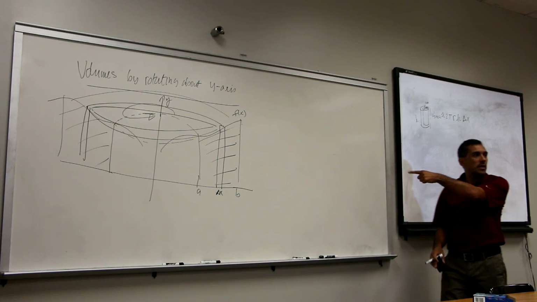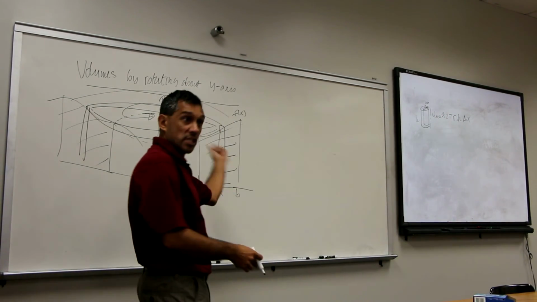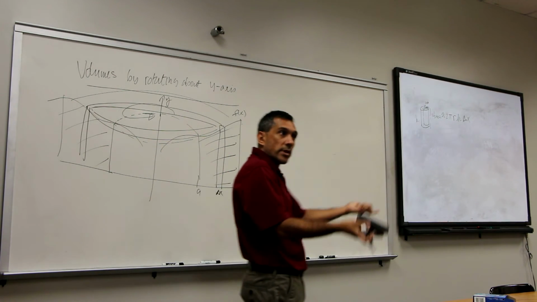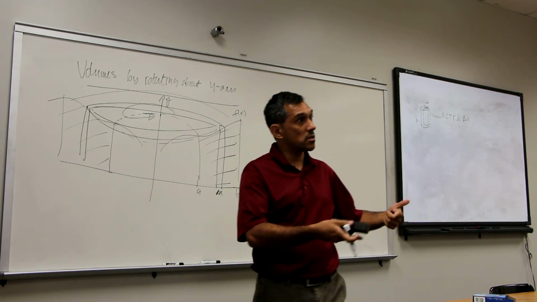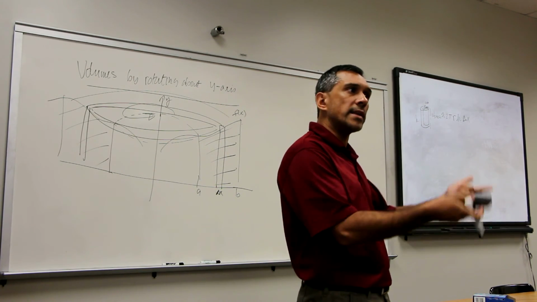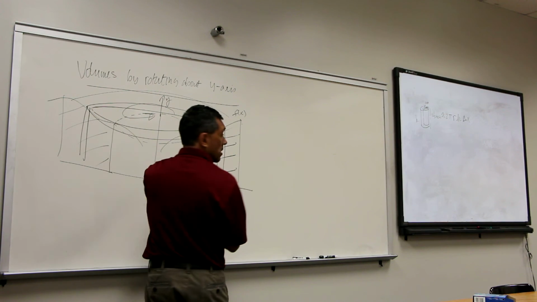So now we're going to come and look at this element here and see what's going on. You have a shell, you have a radius on the outer side, you have a radius on the inner side, and you have a height. So you can approximate the volume of this thing.